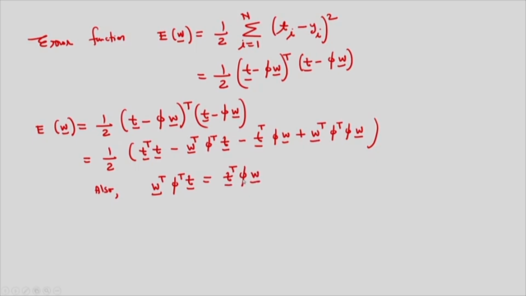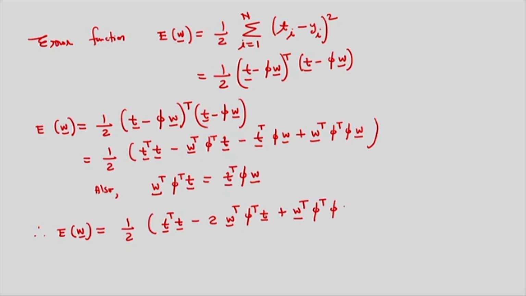By applying this we can write the error function E(w) as 1 by 2 [t transpose t minus twice w transpose phi transpose t plus w transpose phi transpose phi w].